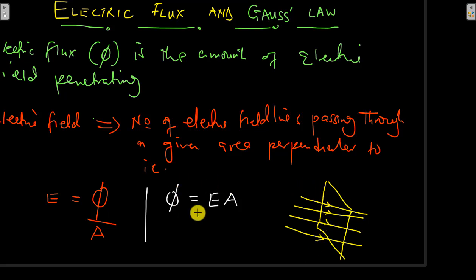So in that case, the formula holds because the electric field is perpendicular to the plane of the area. Or the normal to the area and the electric field are actually parallel. But this is not always the case. What if the plane of the area is aligned at a different angle to the electric field?